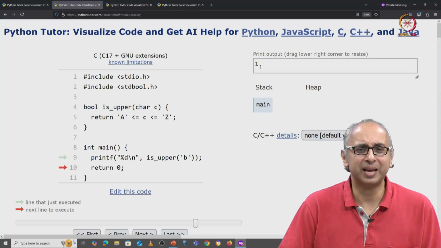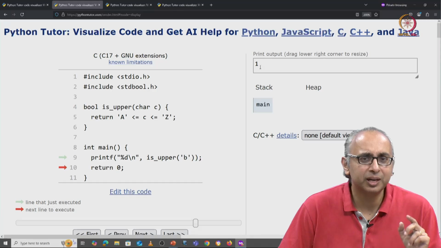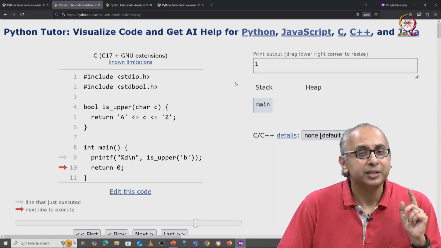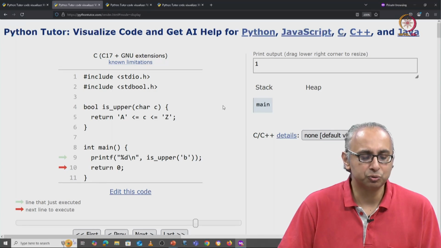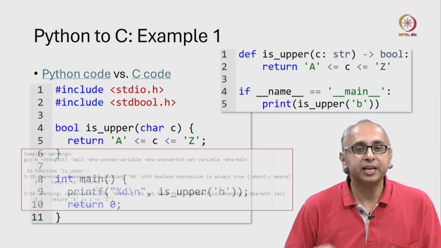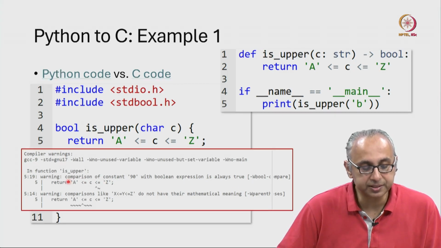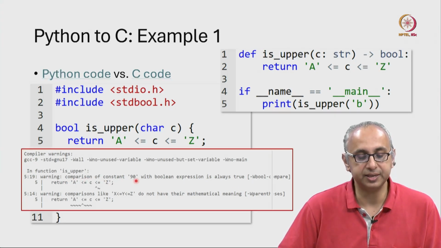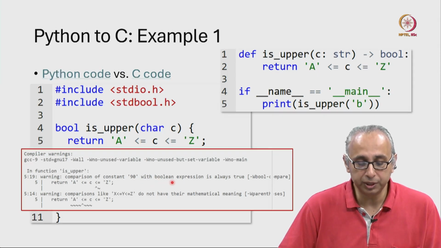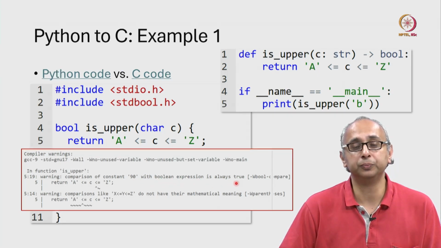Why did this happen? Well, when we clicked on Visualize Execution, did we remember to scroll down and look for warning messages? So let's take a closer look at this warning message. The statement says, comparison of constant 90 with Boolean expression is always true.